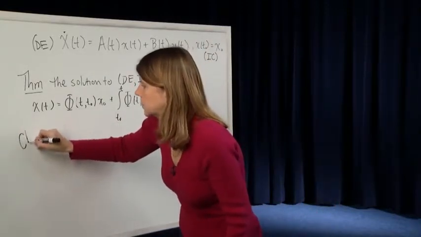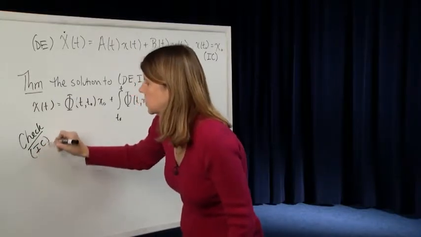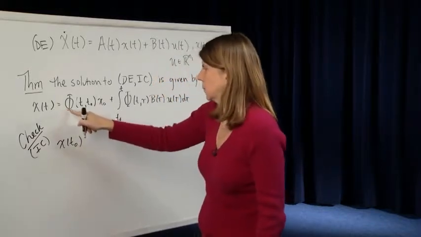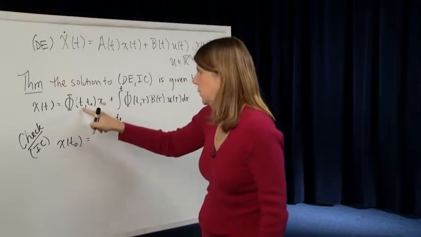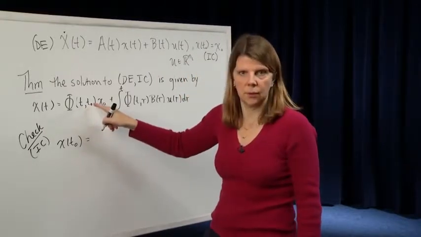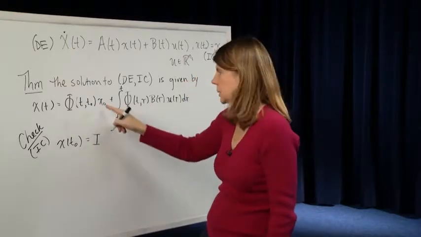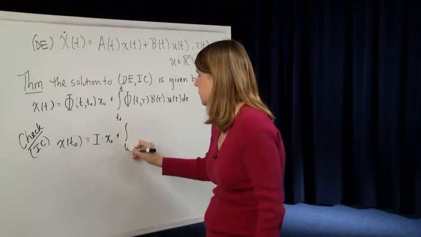So this is the proof of the theorem, but we're first going to check the initial condition. So check that x of t0 is equal to x0. What we do is wherever we see t, we plug in t0. So that's phi of t0 comma t0, which is the identity by the definition of the state transition matrix, times x0, plus the integral from t0.